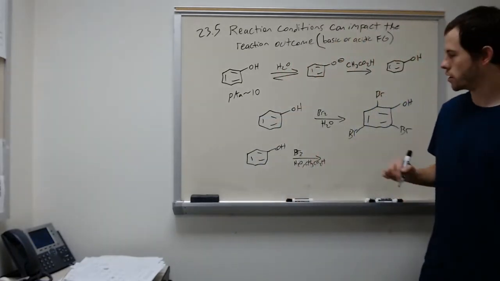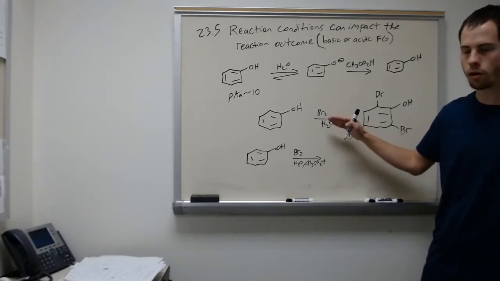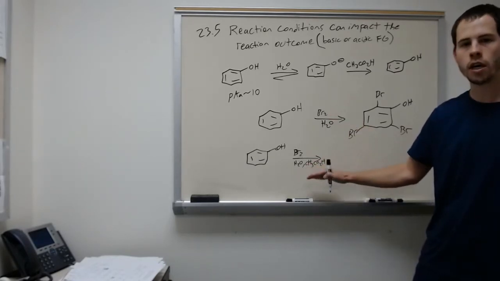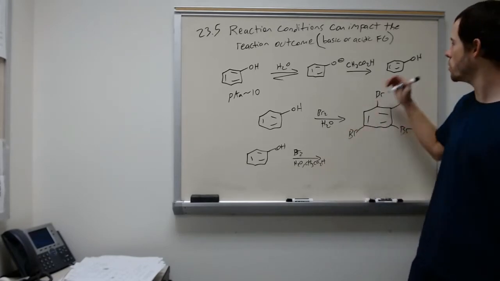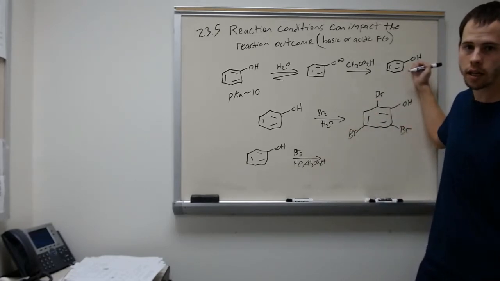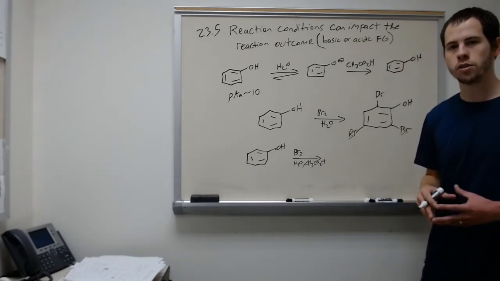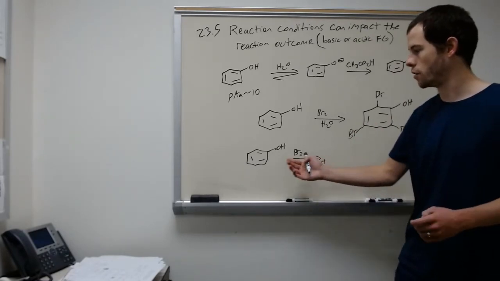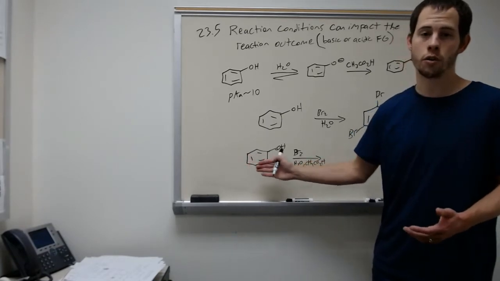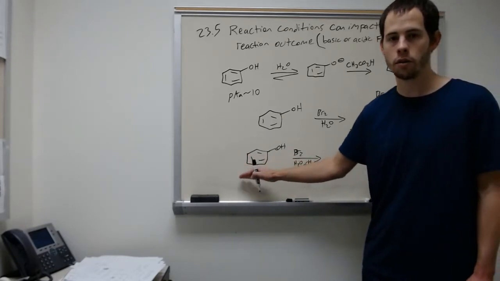Alright, so these are the exact same reaction conditions as before. We have Br2 in water, but now we've added some acetic acid, which will keep our phenol in the protonated state like this, meaning it's not as good of an activator, and so we'll just get a mono addition to either the ortho or the para position, a mixture.